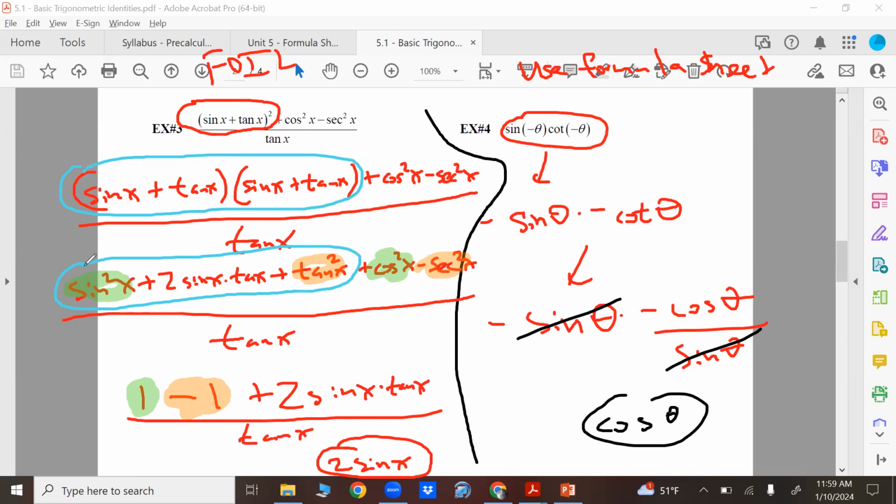What's circled in light blue is the same in the step right below. Sine times sine squared x, tan times tan squared x. That's sine tan, another sine tan, you get two. So should we leave it in tan and all of that? Yes, I'm kind of going against what I was preaching.